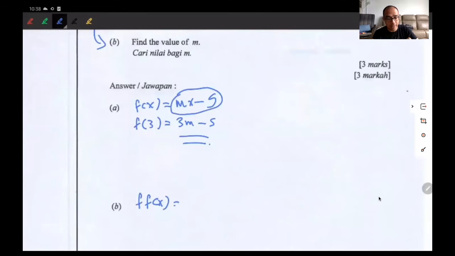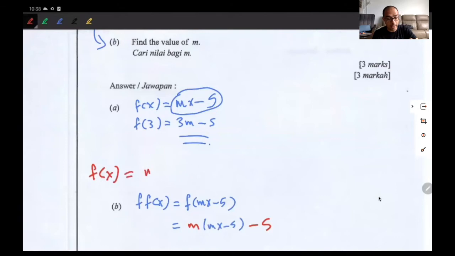So f of f of x is f of mx minus 5. Okay, so since it is the same function, I'm going to have m times mx minus 5, and then minus 5. Okay, since f(x) is mx minus 5, apa-apa yang di dalam x ini akan masuk di sini.